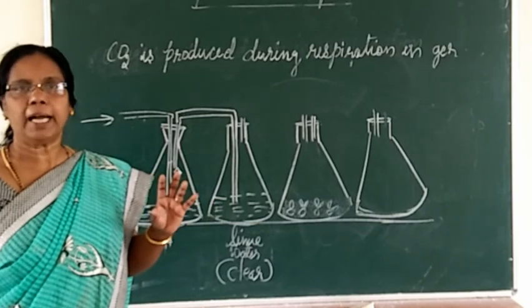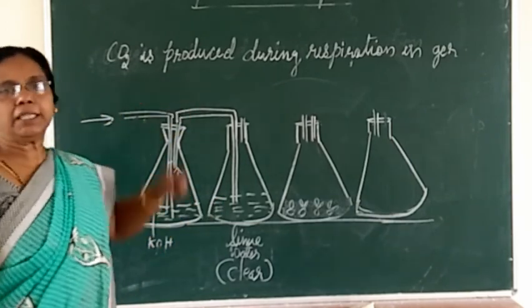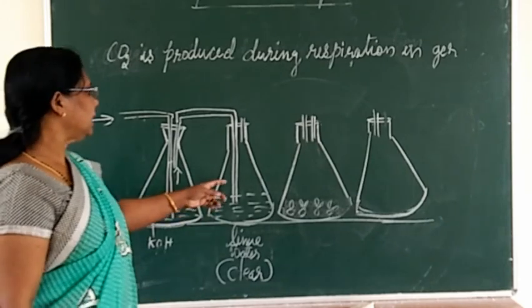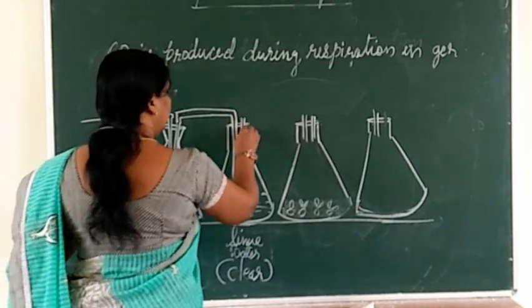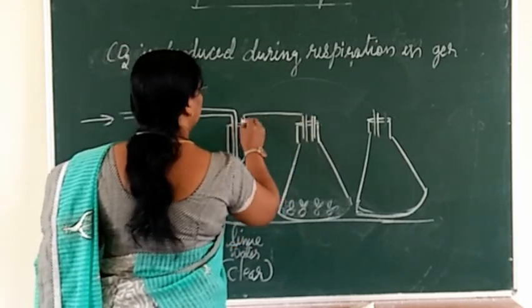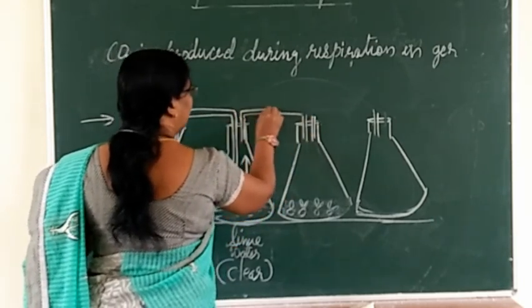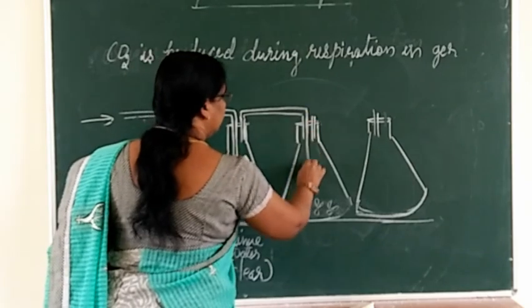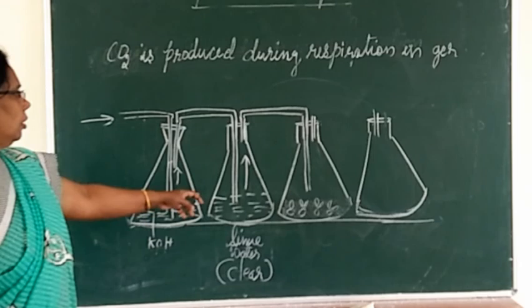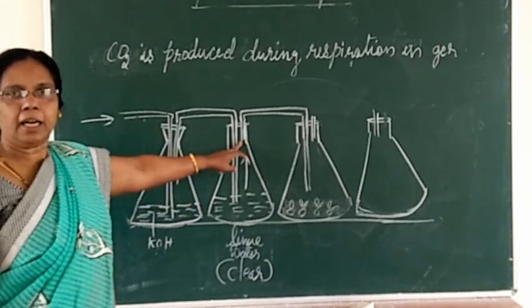We want to prove that carbon dioxide is produced during respiration. So you can see that the air goes into this conical flask. Does this air contain carbon dioxide?